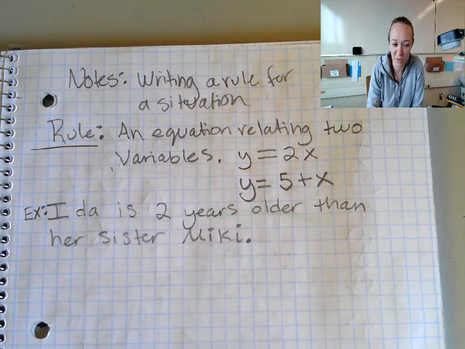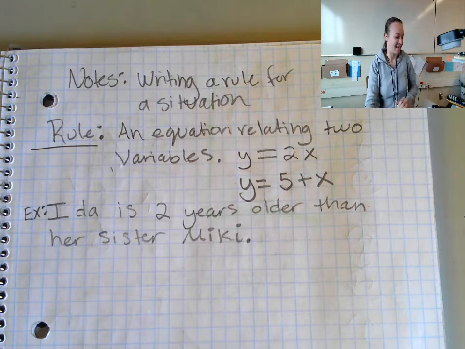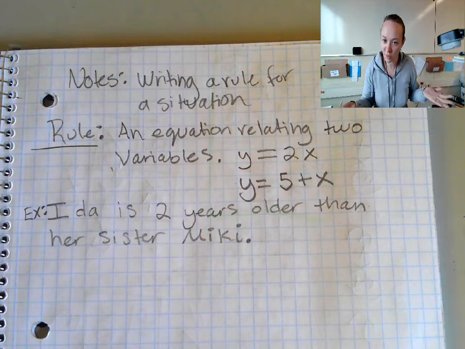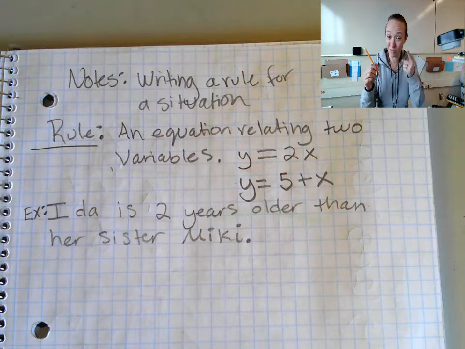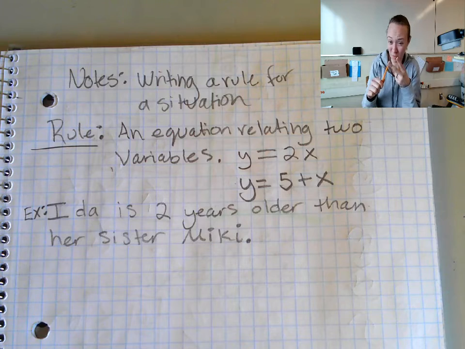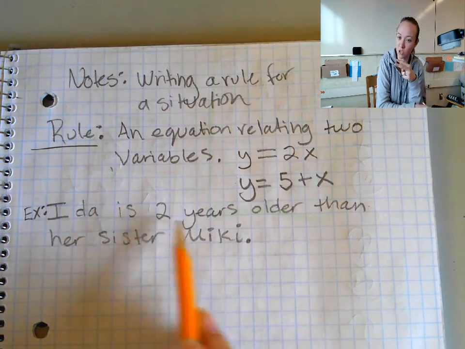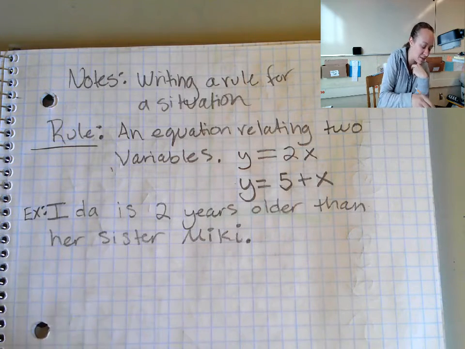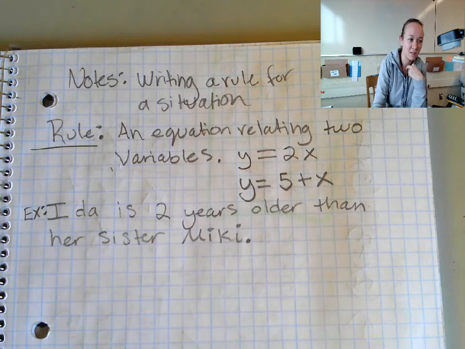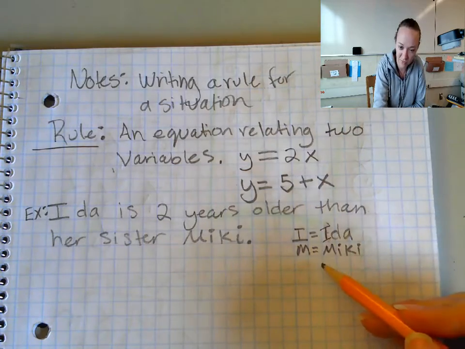So let's take an example. Let's say that Ida is 2 years older than her sister Mickey. And we are going to write a rule to represent this situation. So we need a variable for Ida, we need a variable for Mickey, and we need to show that Ida is always going to be 2 years older than Mickey. So let's say that I is going to stand for Ida and M is going to stand for Mickey.